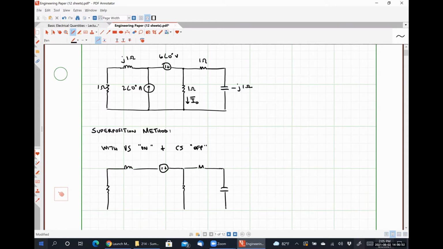If you recall, we turn a current source off by open circuiting the current source, because we want to make sure that the current being supplied by the source is 0 amps.